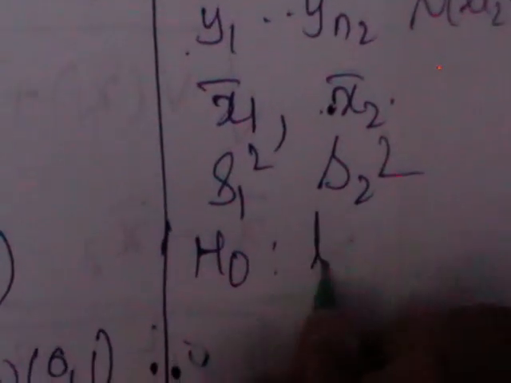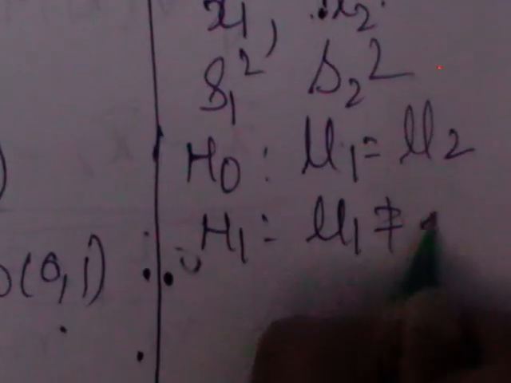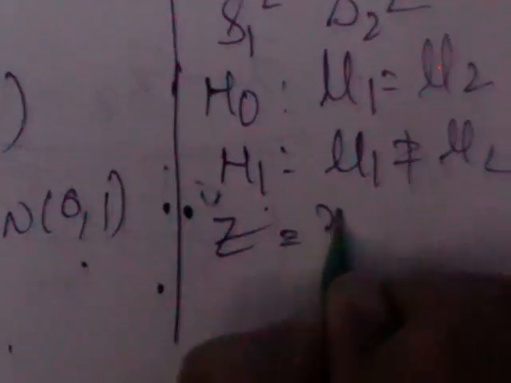As this is for difference of means, you are going to compare two means: mu1 is equal to mu2, and H1: mu1 not equal to mu2. Z will be x1 bar minus x2 bar minus E of (x1 bar minus x2 bar) by root over variance of (x1 bar minus x2 bar) follows N(0,1).